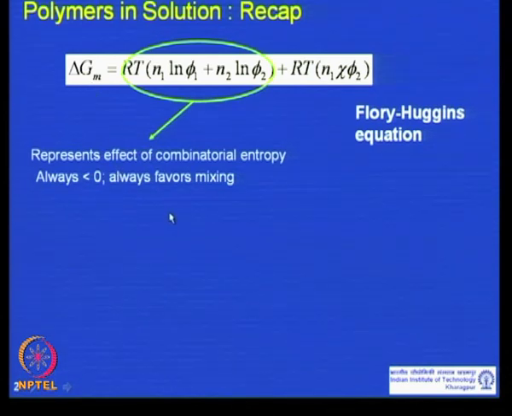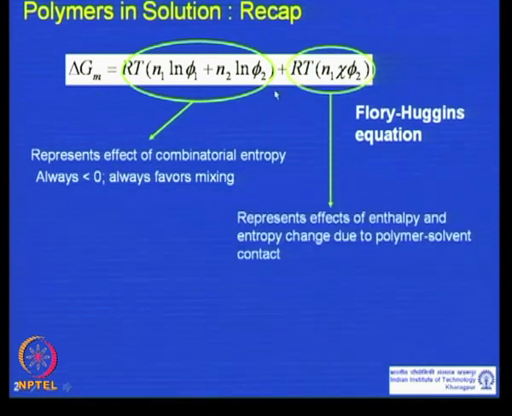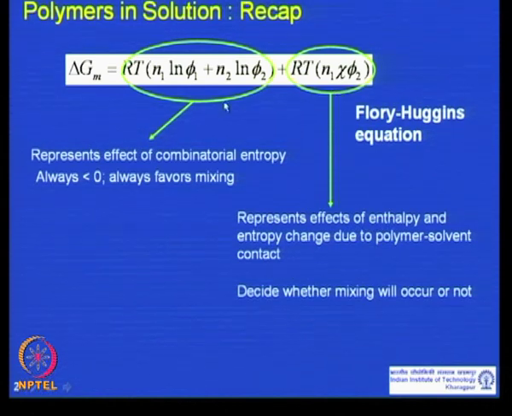The other term comes from a combination of enthalpy and entropy change due to polymer-solvent contacts. Because the first term is always negative and always contributes in favor of mixing, the value of this term basically determines whether the polymer will mix or become soluble in a solvent or not.